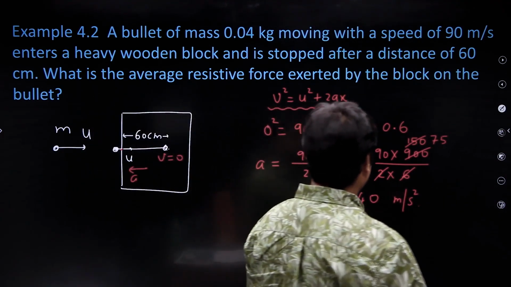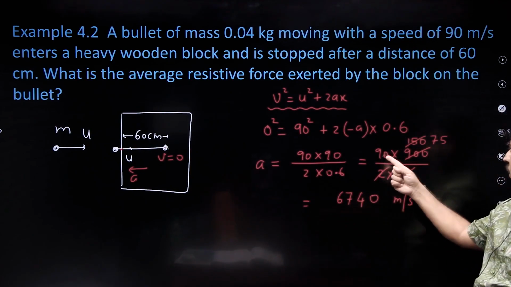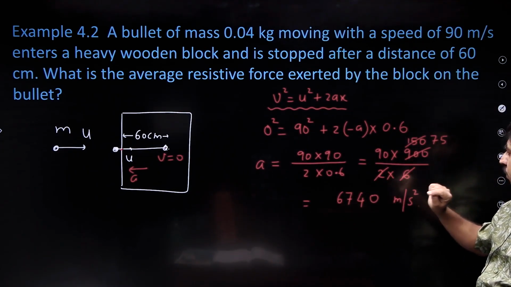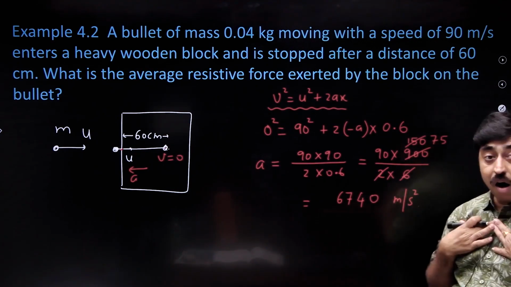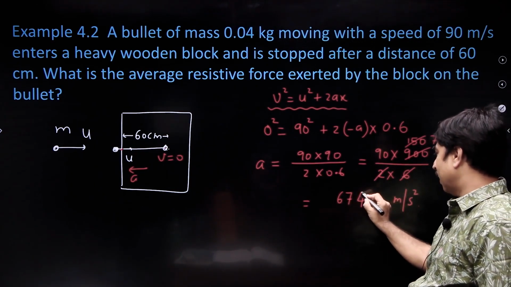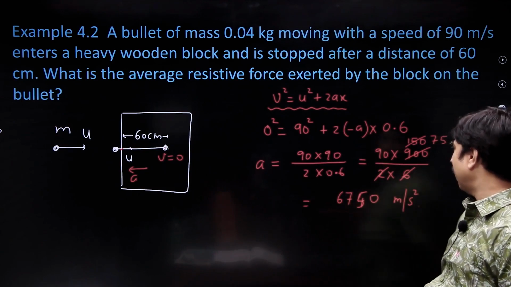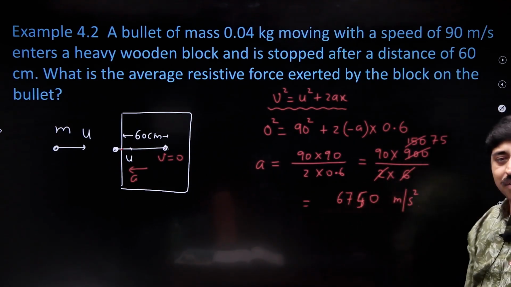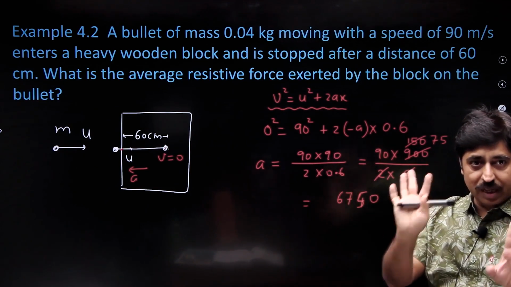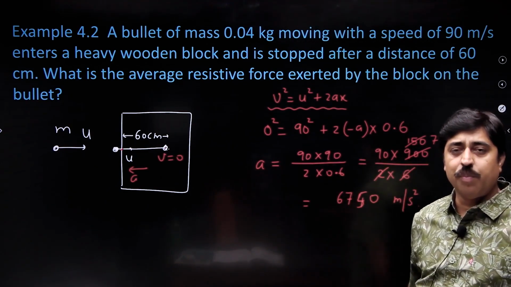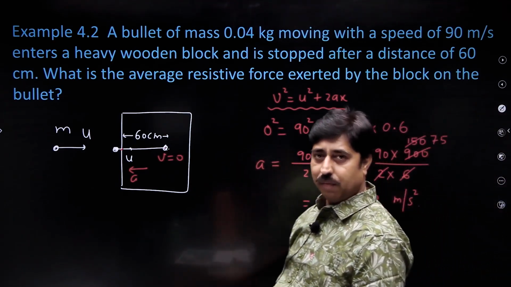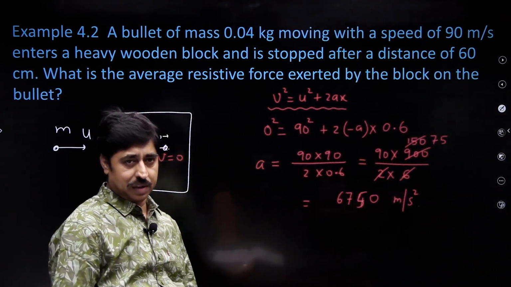Why? Am I wrong? 9 fives are 45. Yes, I am wrong. 9 fives are 45, 9 sevens are 63 and then 4, 6750 is the right answer. 6750 meter per second square is the acceleration of the bullet. I hope all of you have understood how I calculated this.